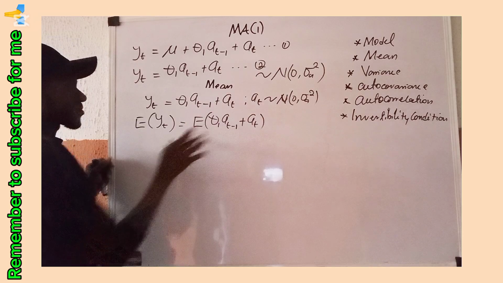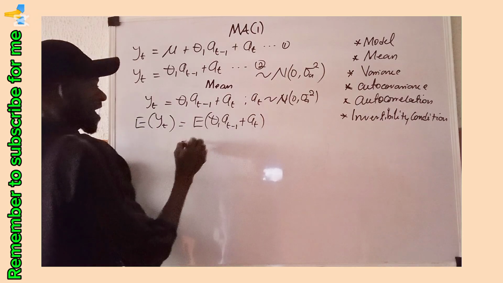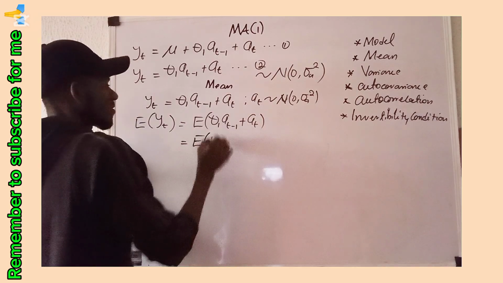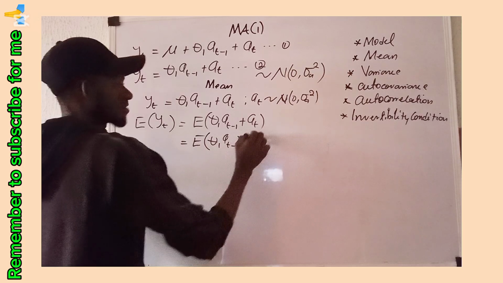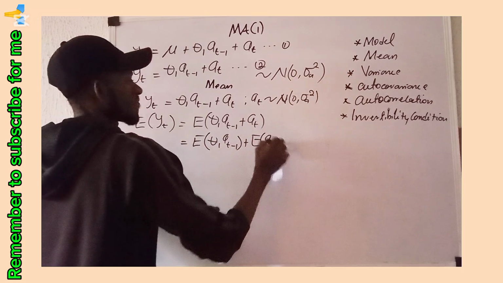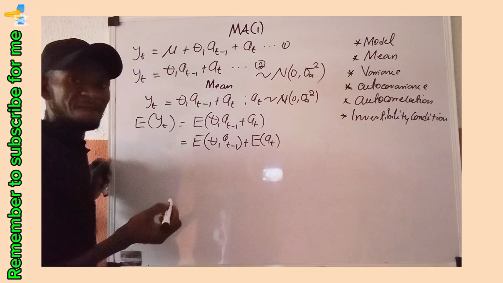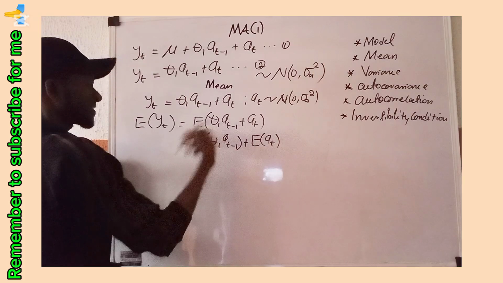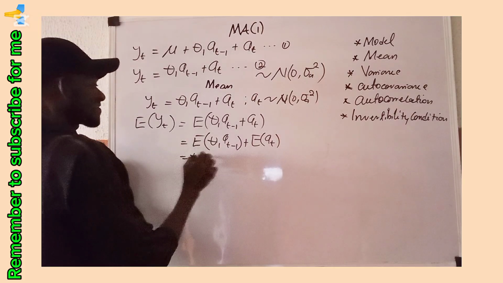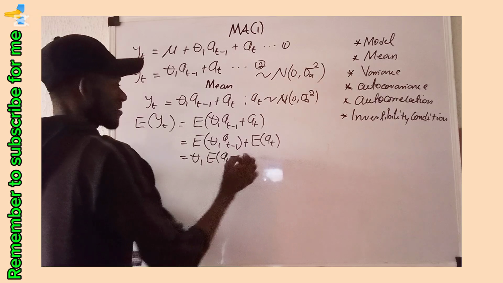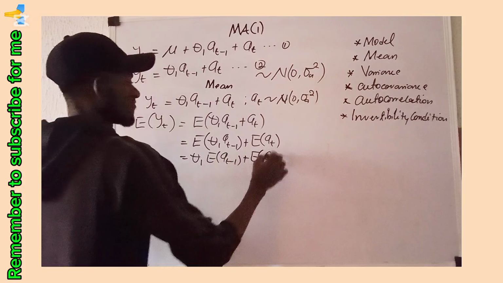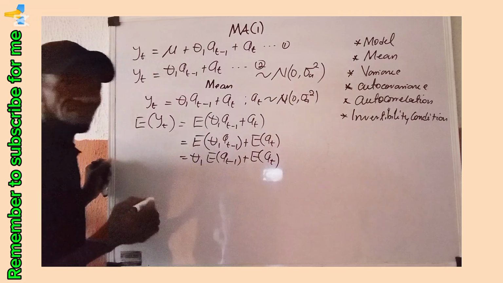So in that case, opening this bracket, we have E of theta 1 a of t minus 1 plus E of a of t. Factoring this theta outside, we have theta 1 E of a of t minus 1 plus E of a of t.